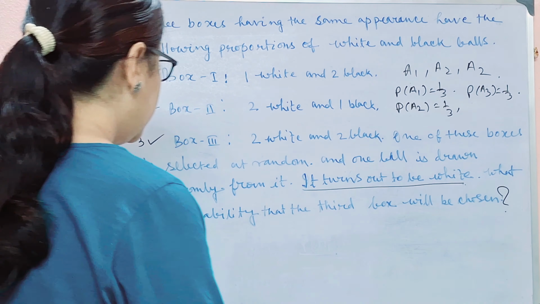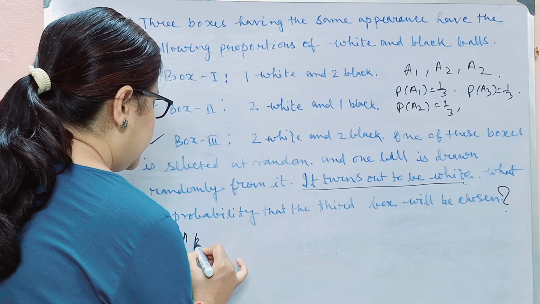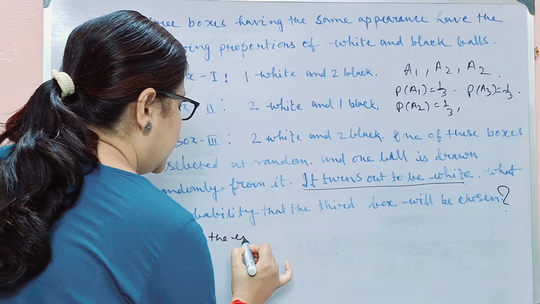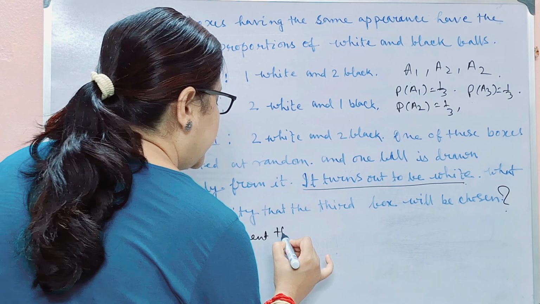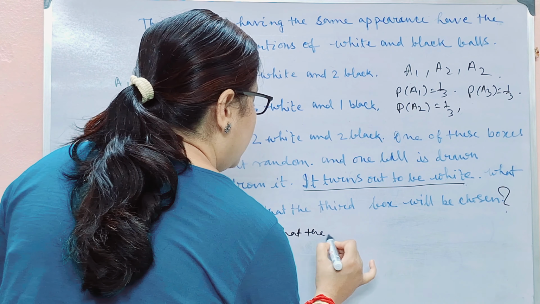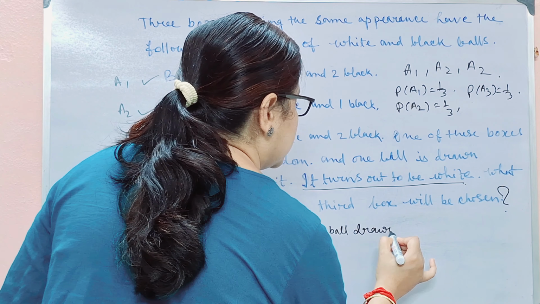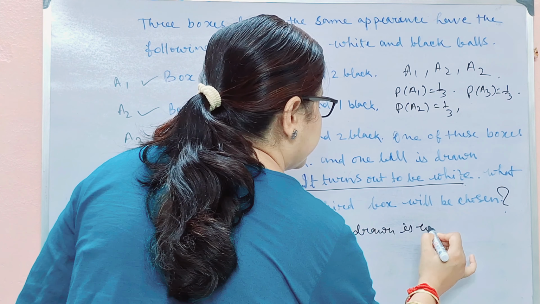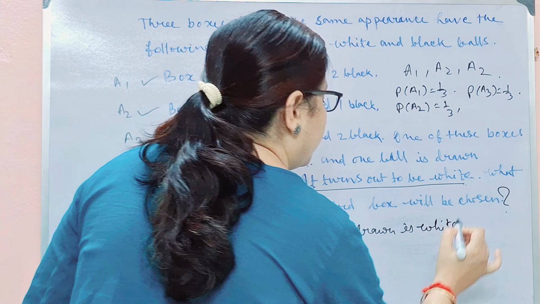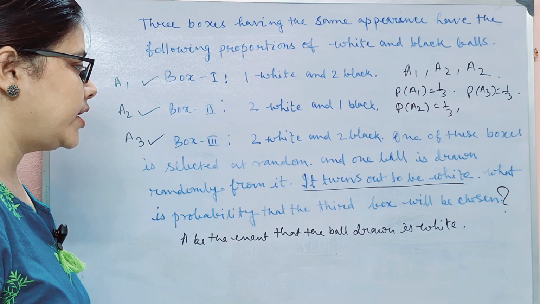I am assuming that A be the event that the ball drawn is white. Then what will we have to find out?